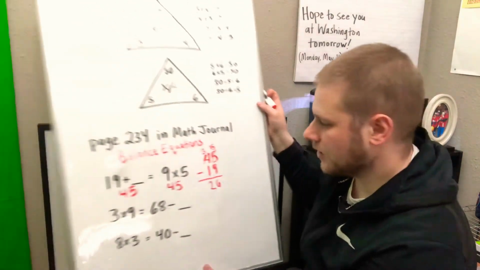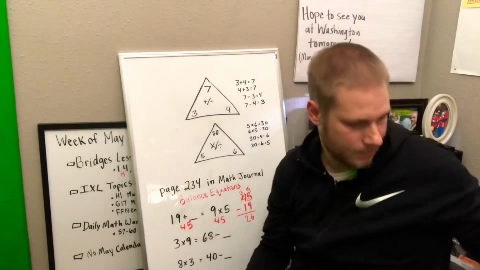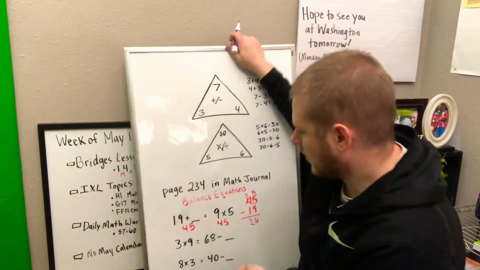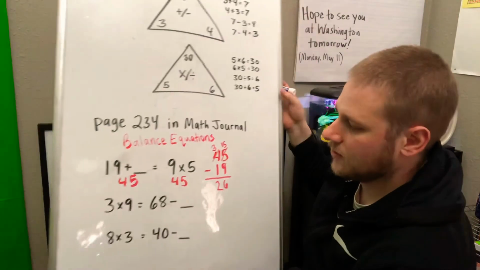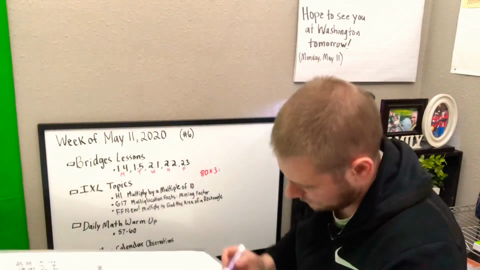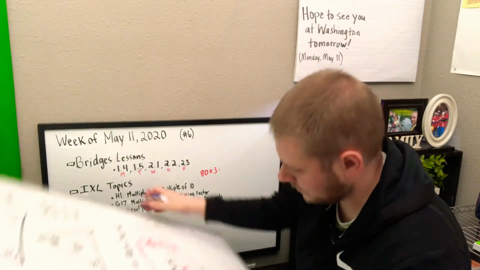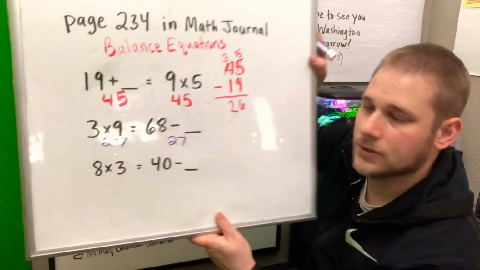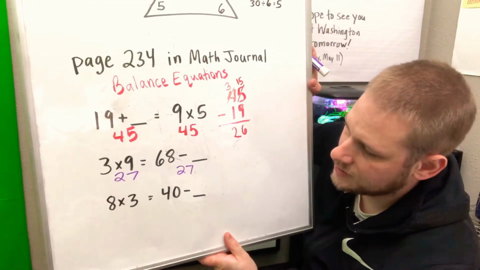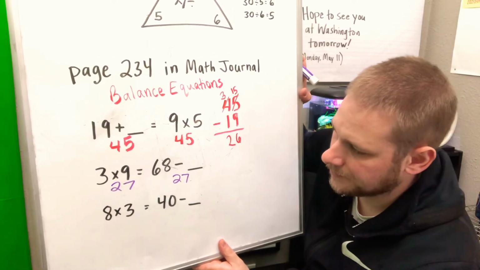Looking at the next one, I'm going to change color just so the numbers don't get mixed up. So let's do Vikings purple. All right, this one we have 3 times 9. 3 times 9 is 27. And then the answer to 68 minus something equals 27.